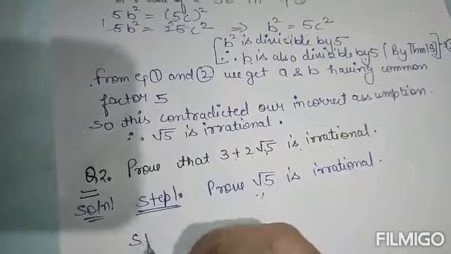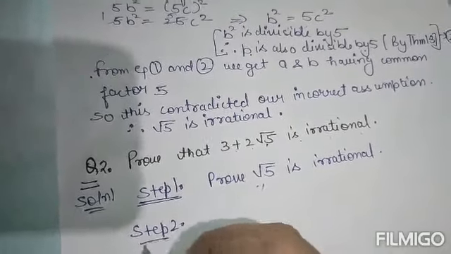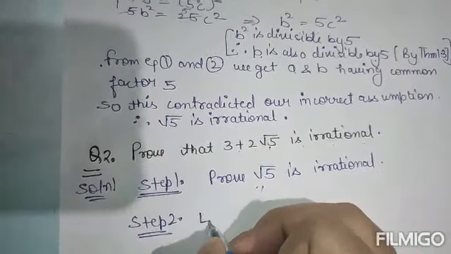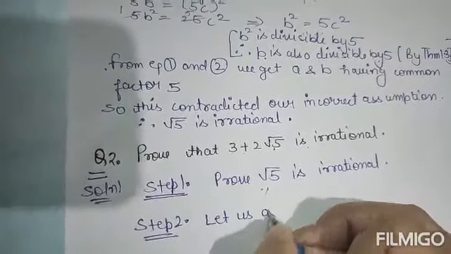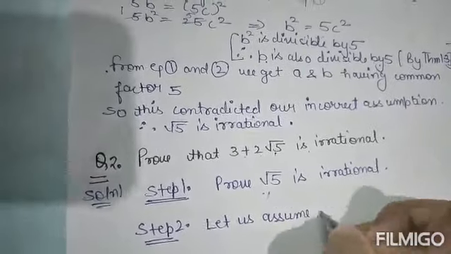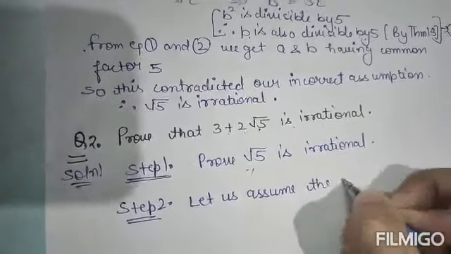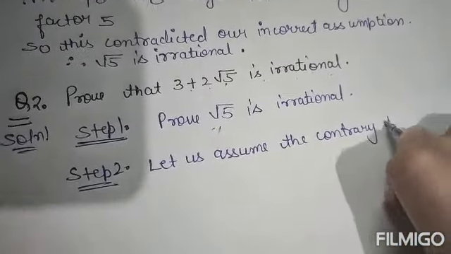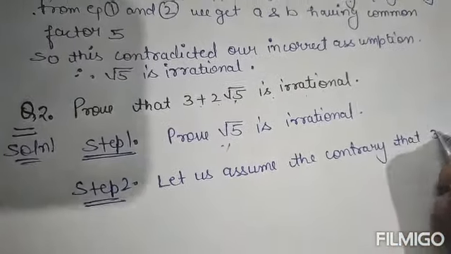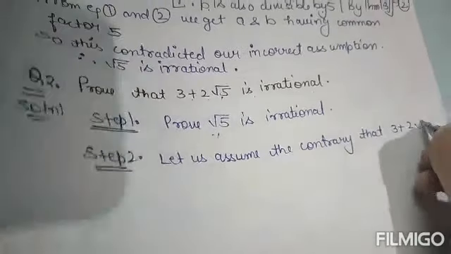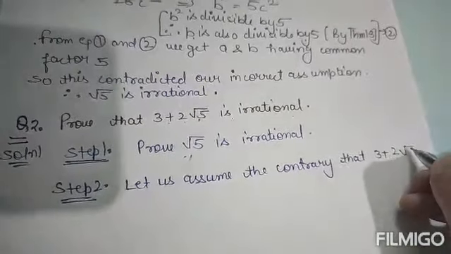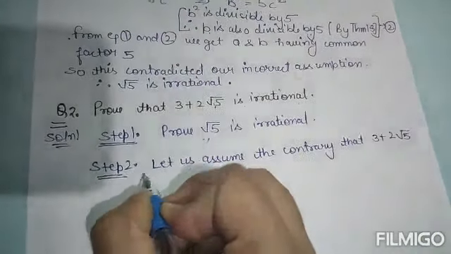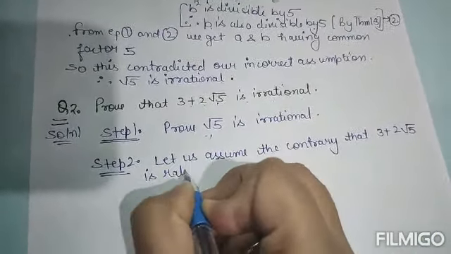Now we will move to our step 2. Now we will assume, let us assume the contrary, that 3 plus 2 square root 5 is rational.